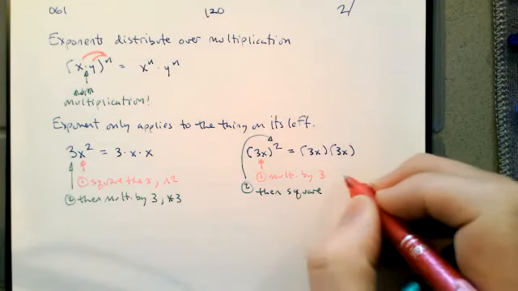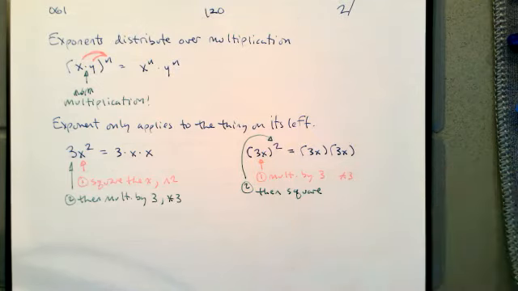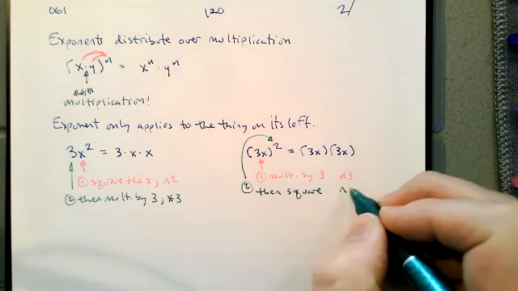So first we multiply by 3, then we square the result.